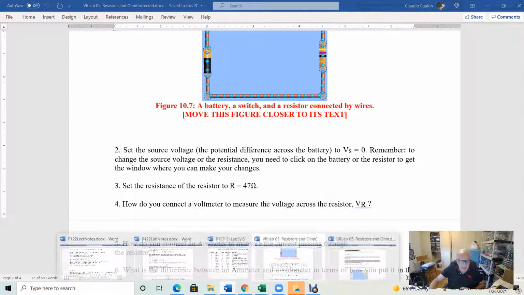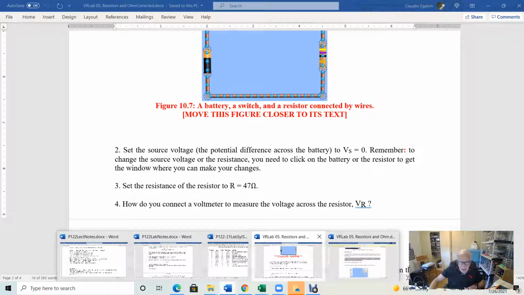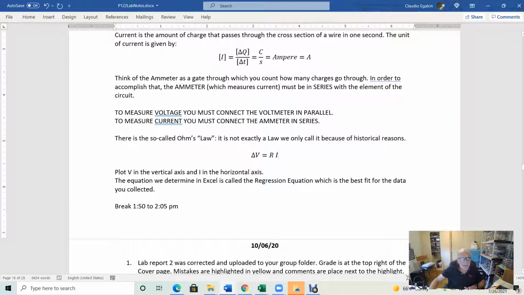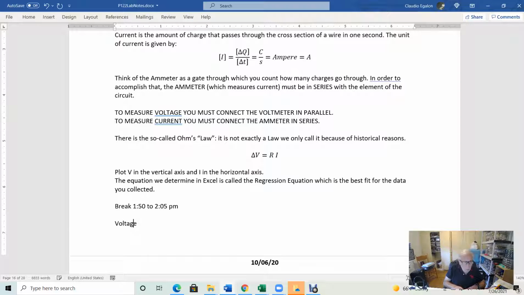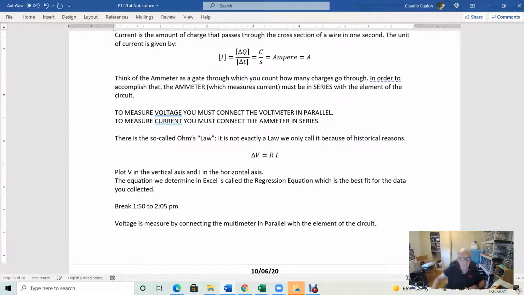Okay, it's very important. Voltage, I'm gonna write that down here for you. Lecture notes, that's something that you have to memorize. Voltage is measured by connecting the multimeter in parallel with the element of the circuit.